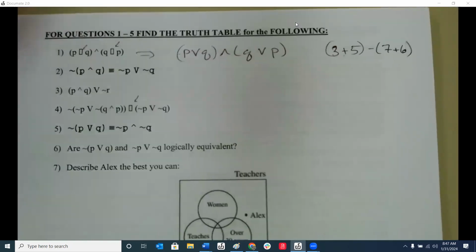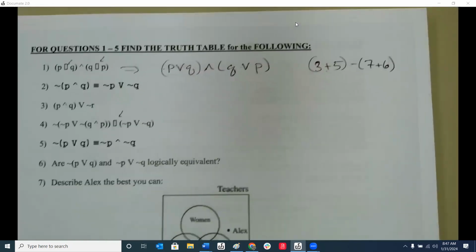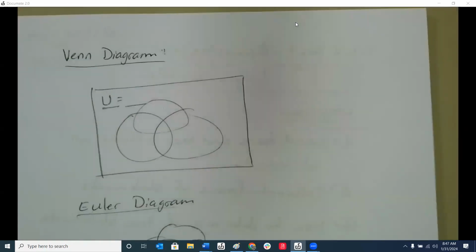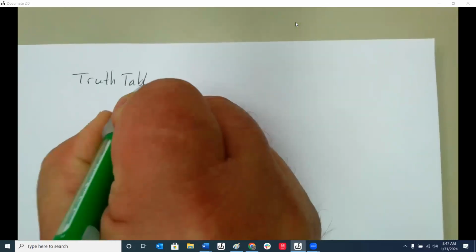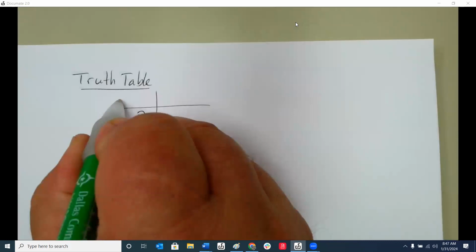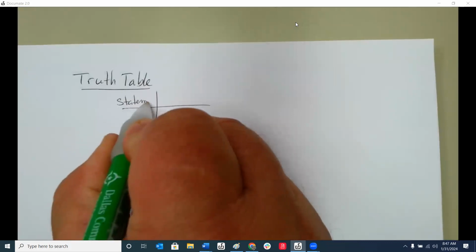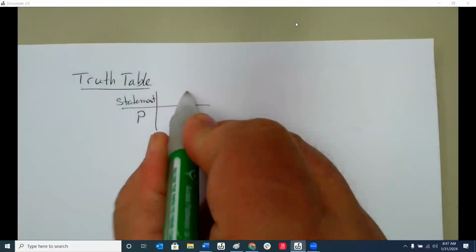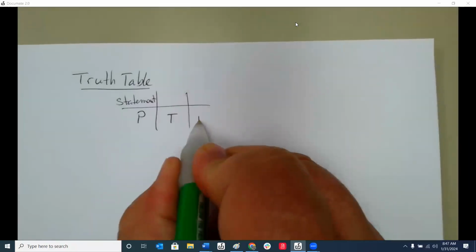Let's look at truth tables. Let me first define what truth tables are. So for example, if I had P, the statement, this is a statement. It can be either true or false.